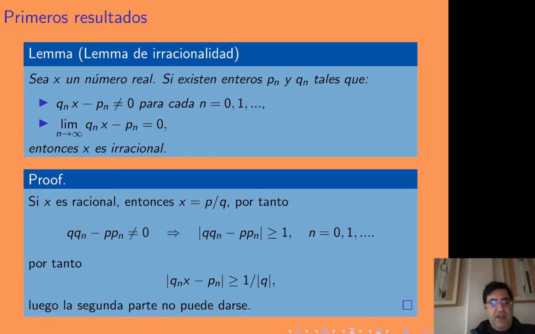So in absolute value it is greater than or equal to 1, because this is an integer. Then you can divide by the absolute value of q, and in fact q_n x minus p_n is greater than or equal to 1 over the absolute value of q. But this q is a fixed number, so this is never going to be equal to 0 in the limit. So this is impossible. So if these conditions hold, the number is irrational.